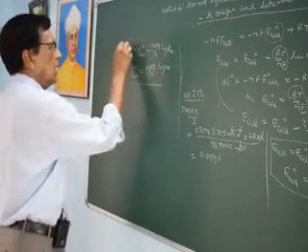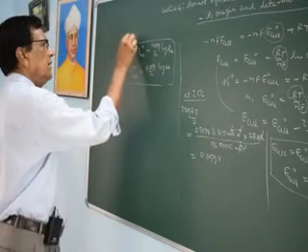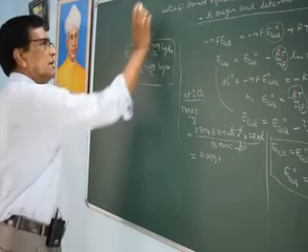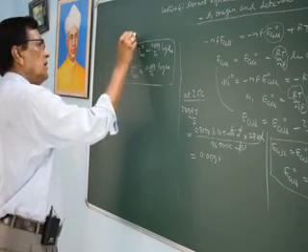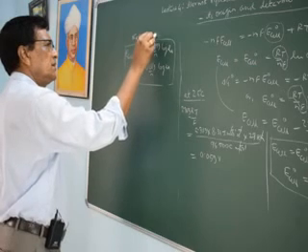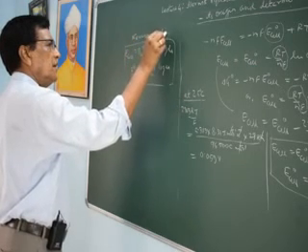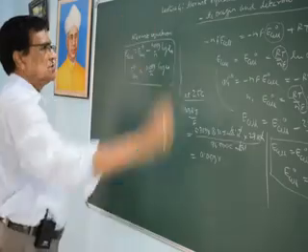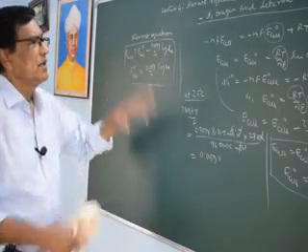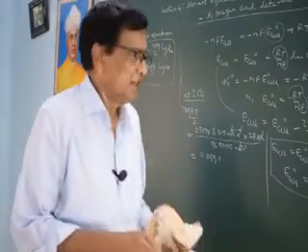These two we call the Nernst equation. The Nernst equation of electrochemistry is used to calculate the cell potential of a galvanic cell.